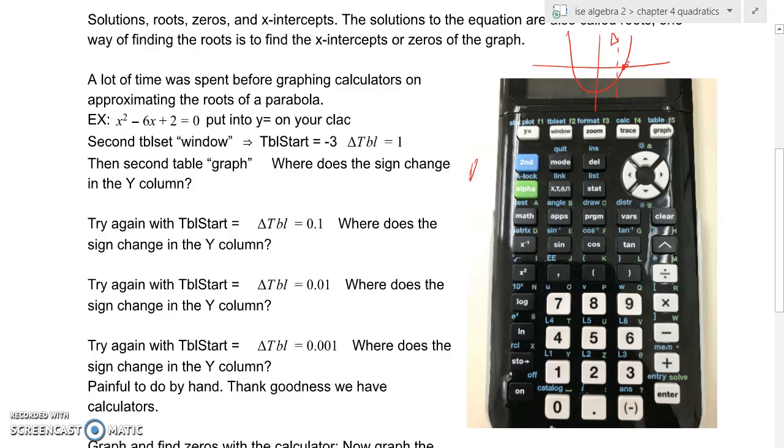Then it asks you for a right bound, and you put another dotted line. It's going to go between those two arrows and try to figure out where the x-intercept is by approximation. So you just hit enter, and then it asks guess, and you say enter again. Yes, I want you to guess, and at the bottom it will spit out your answer. It says the 0 is x equals 3.